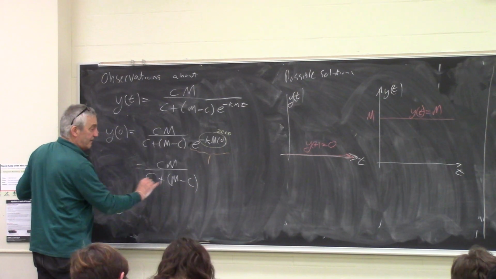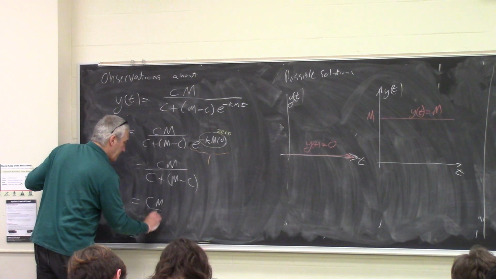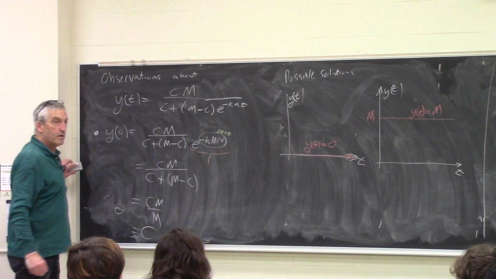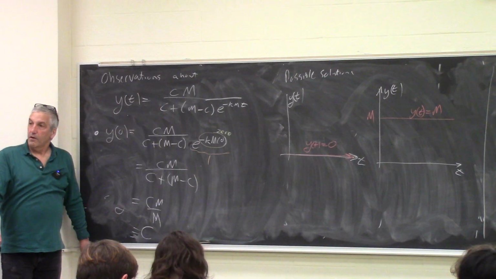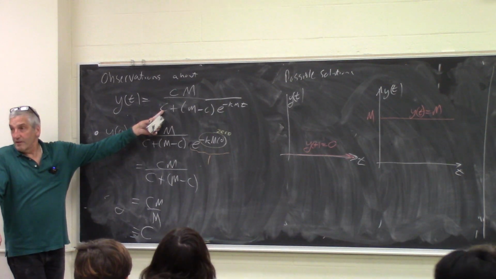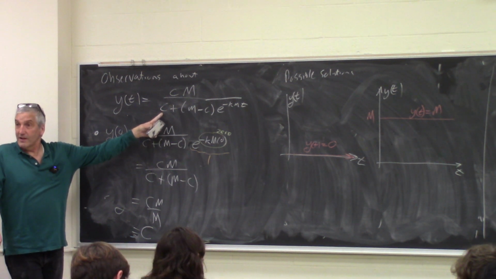Oh, but the C's cancel. They have a party. So Cm over m. Oh, but the m's cancel. They have an m party. And you just get C. So that tells us the significance of that letter C. It can be any positive number, but the significance is it's the initial value.